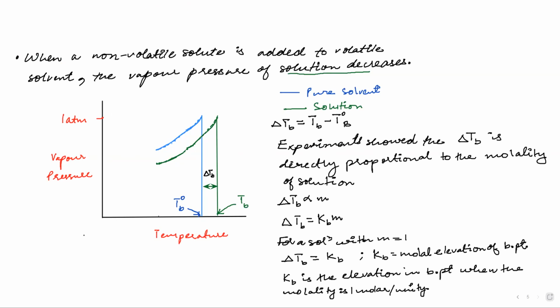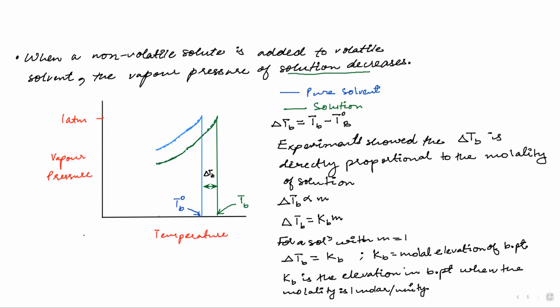Okay, sir. We have delta TB is equal to KB into m. You understand till there? Yes, sir. Now we wanted to define KB. So what did we do? We can have a solution in which molality is equal to 1. So just put molality equal to 1 and you will get delta TB is equal to KB.